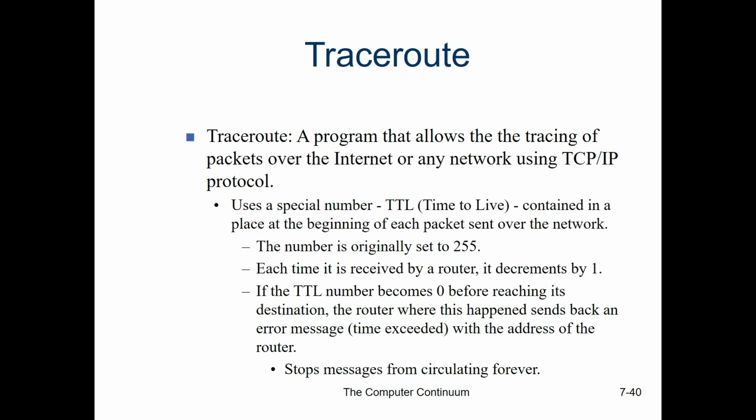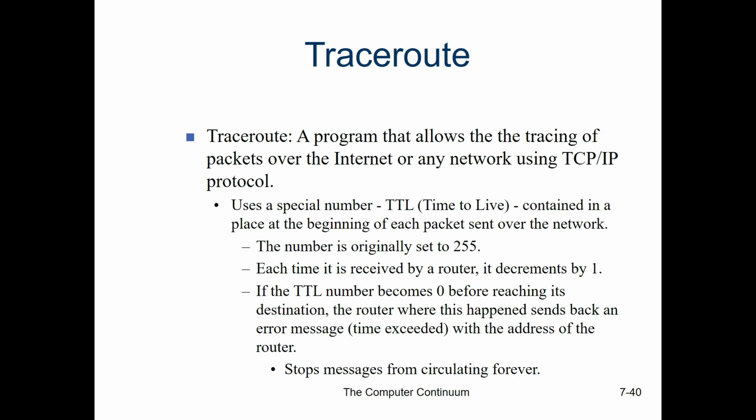So that's traceroute. It's a program that is used for tracing every packet on the internet. It uses a special number, TTL, which is time to live. Whenever a packet is sent over the internet, originally it is set to 255.